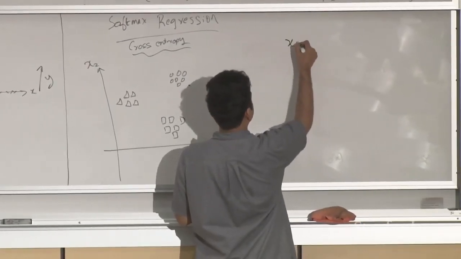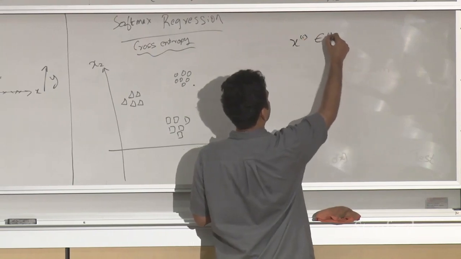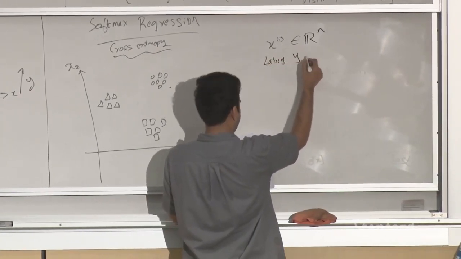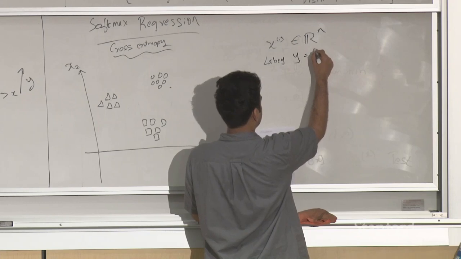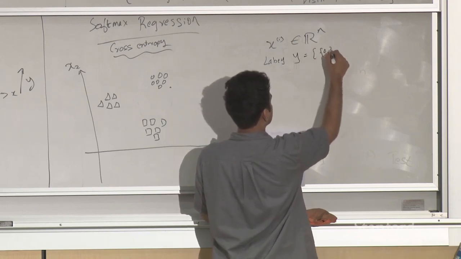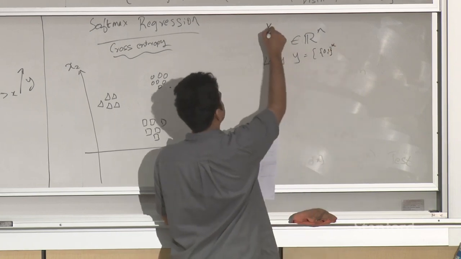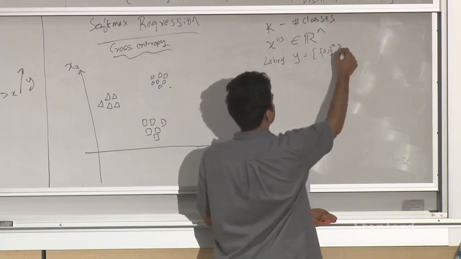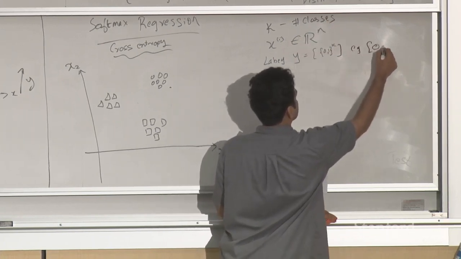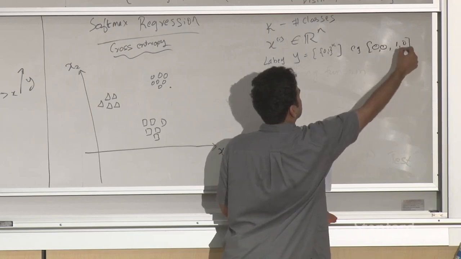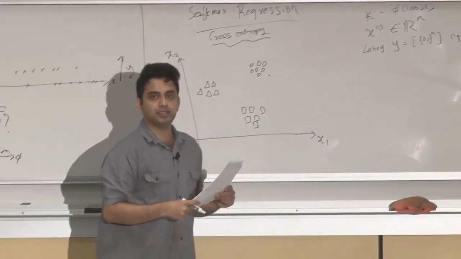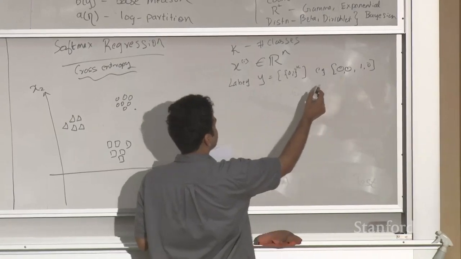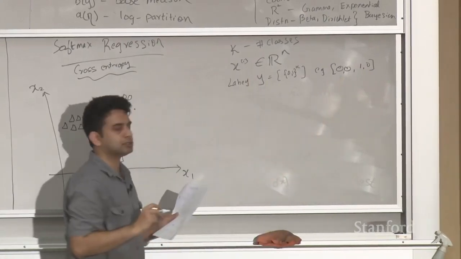So what we have is xi's in Rn, and the label y is in 0, 1, up to k, where k is the number of classes. The label y is a one hot vector, which indicates which class the x corresponds to.